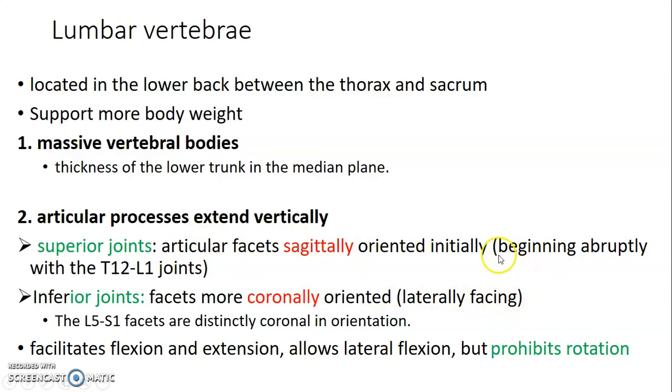Superior joints are sagittally oriented, inferior ones are coronally oriented, and especially L5 S1 facets. Why is this information important? To tell you that there is more of flexion and extension other than rotation.